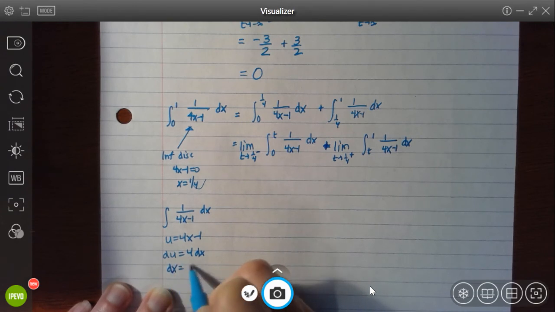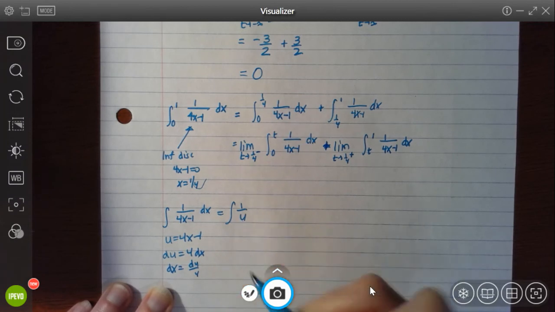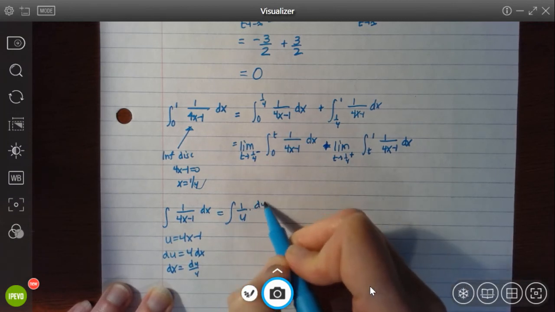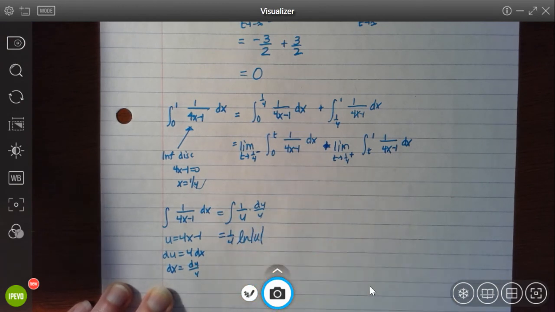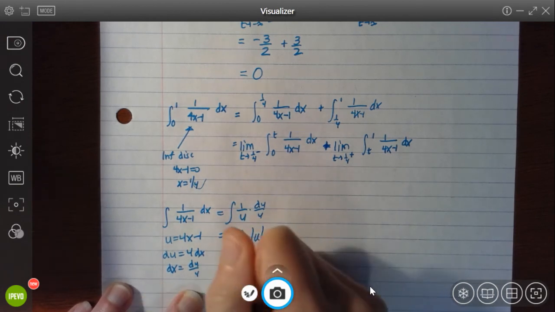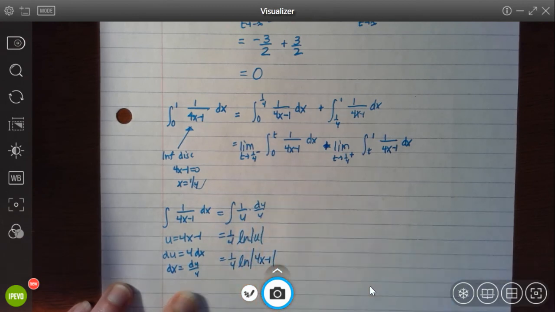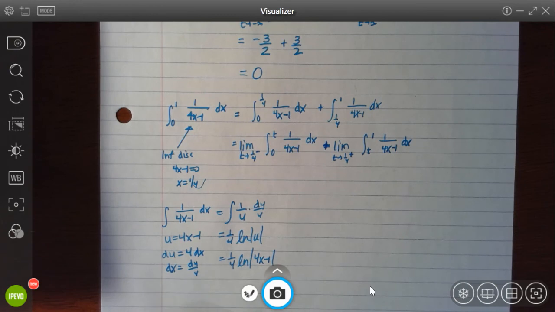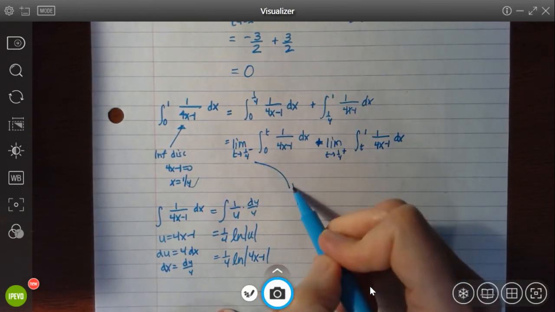So dx would be du over 4. So I'm going to get the integral of 1 over u times du over 4, which is 1/4 the natural log of the absolute value of u, or 1/4 the natural log of the absolute value of 4x minus 1. So that's what we're going to be working with as we evaluate these two integrals.